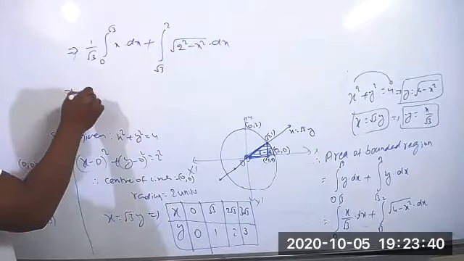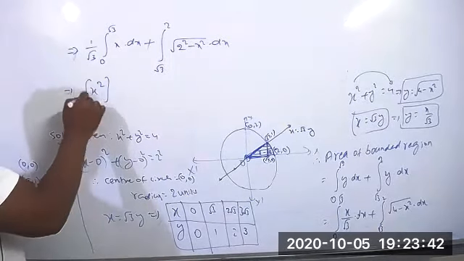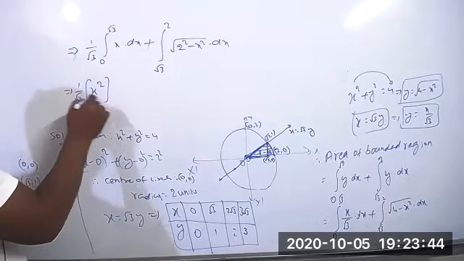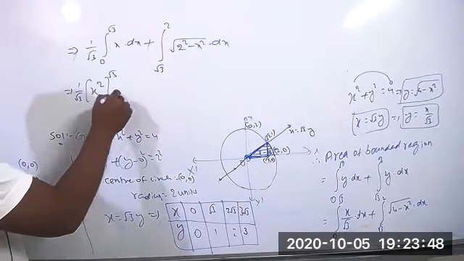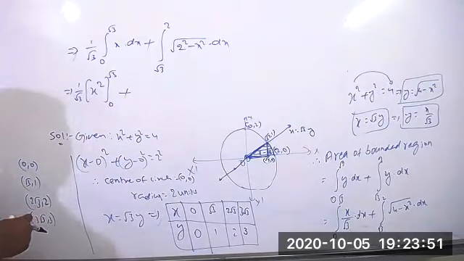First one, the integration of x is x square, so 1 by root 3 into x square from 0 to root 3, plus the integration of a square minus x square. What is the formula we have?